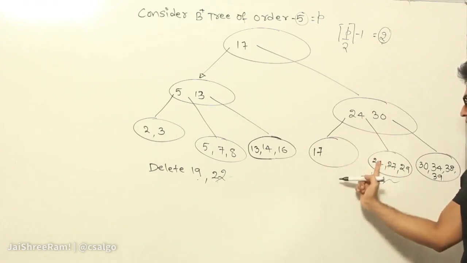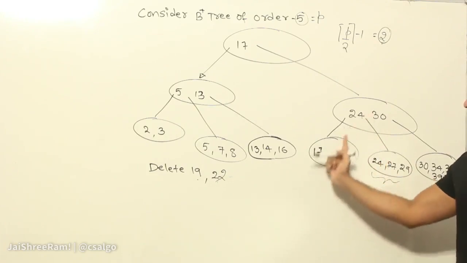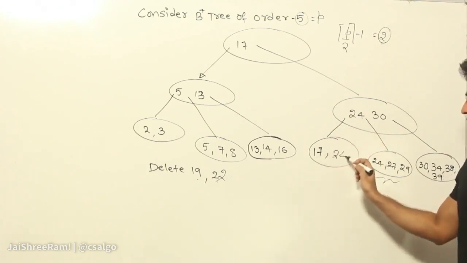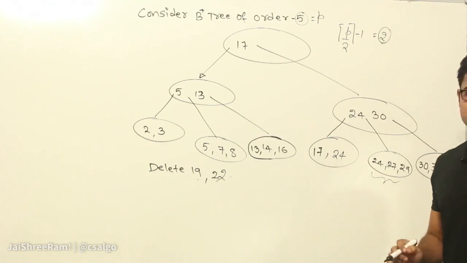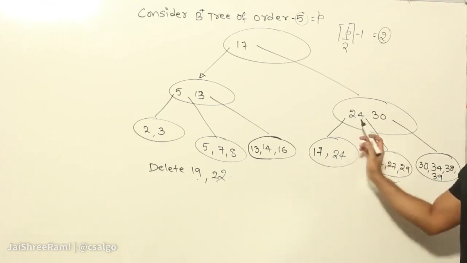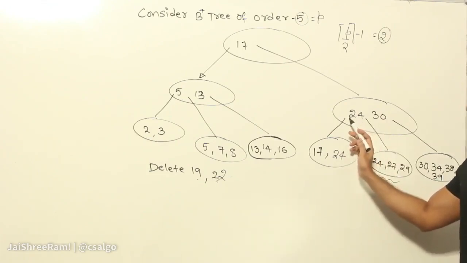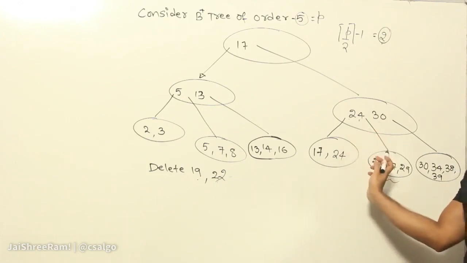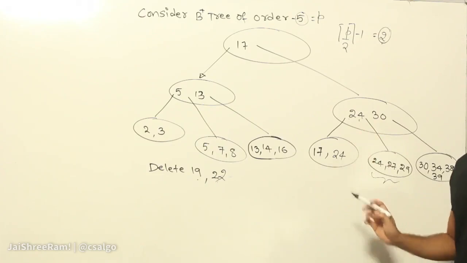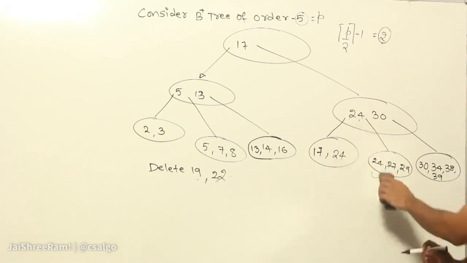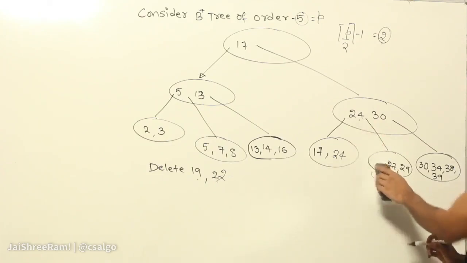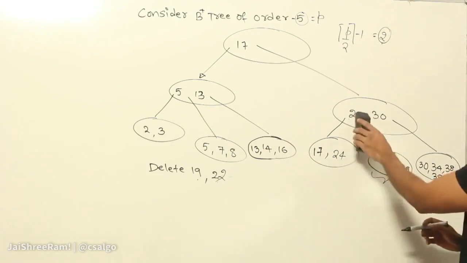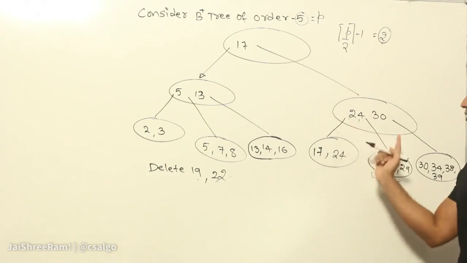So you can move 24 over here, but according to the definition of the B plus tree, if 24 is present in the non-leaf node, then its right subtree is going to contain 24. Therefore if I move 24 here, then I cannot keep 24 there. So you can replace it with the smallest one in the right subtree.